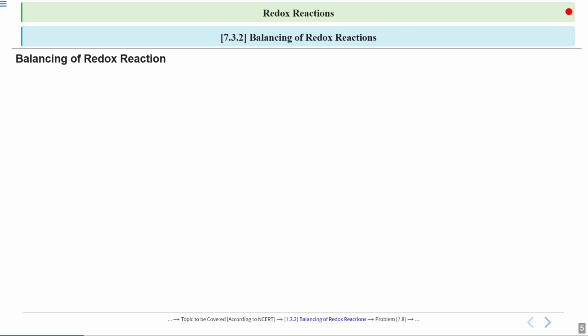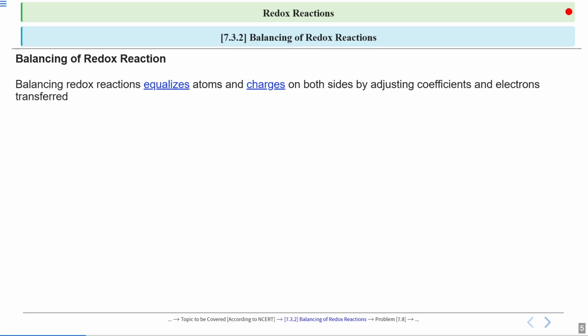Balancing redox reactions equalizes atoms and charges on both sides by adjusting coefficients and electron transfer. That means how can you balance the redox reaction? You can balance the redox reactions by equalizing the atoms, that means the atoms that are participating in the reaction, from the reactant and product, and the charges on both the sides.